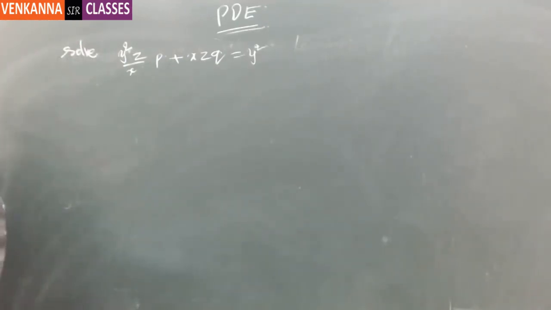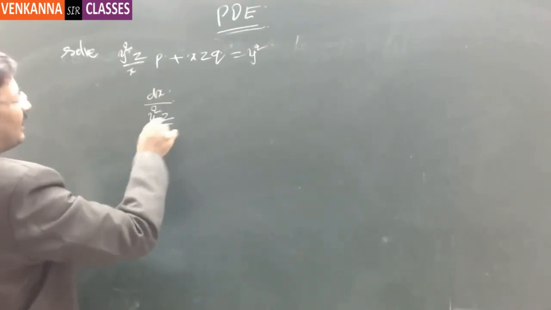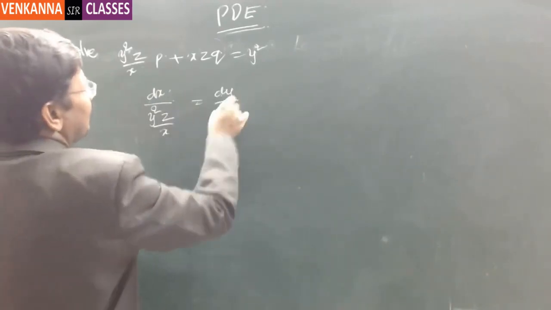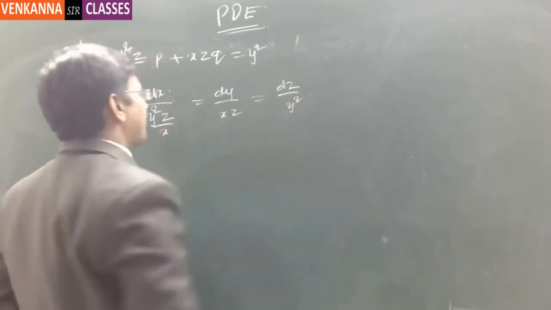This is a simple linear case. So the straightforward solution for this is dx by y square z by x is equal to dy by xz cube is equal to dz by y square.